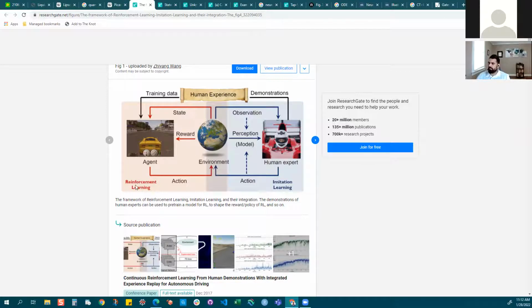For example, in reinforcement learning, an agent and the system are interacting with one another, and the system gets rewarded every time they perform the task successfully. But in imitation learning, the machine is trying to imitate the human behavior without direct interactions with the human. And that's what they are doing in this case.